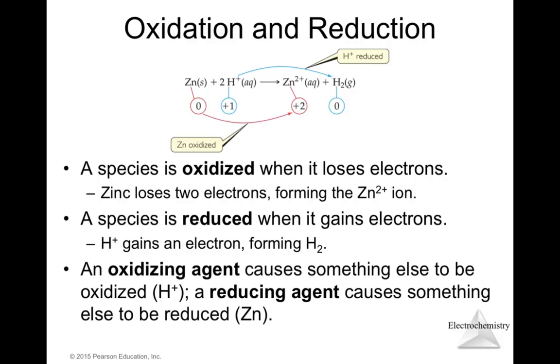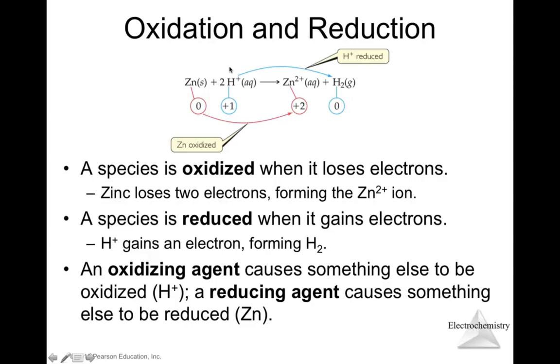Now, an oxidizing agent causes something else to be oxidized, while a reducing agent causes something else to be reduced. If it reduced another compound, it was oxidized, because it must release electrons to the other element or compound. Here the zinc released those electrons and hydrogen received them.